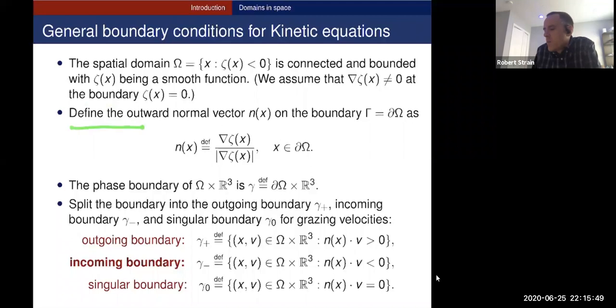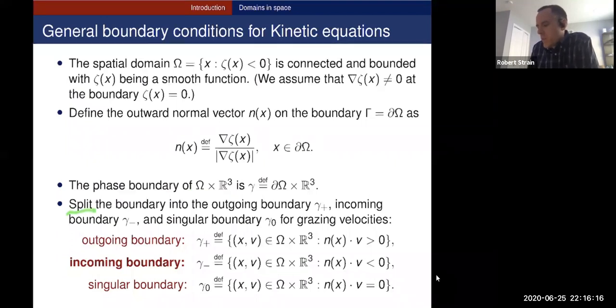Then you can define the outward normal vector n(x) on the boundary Gamma equals the boundary of Omega, as the gradient divided by the length of the gradient, for x in the boundary. And then the phase boundary of Omega cross R^3 is denoted by Gamma.